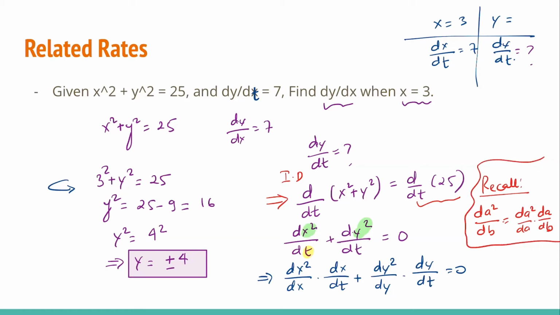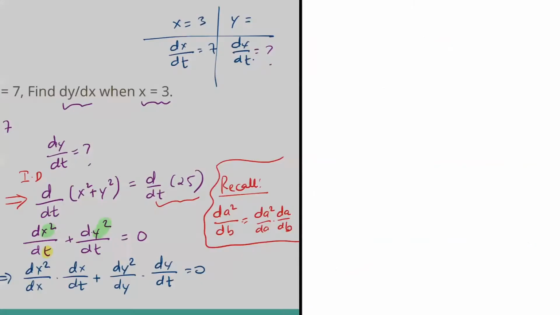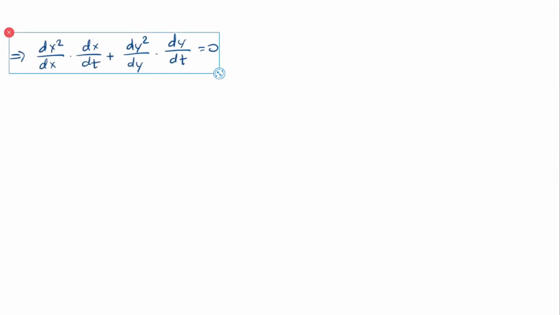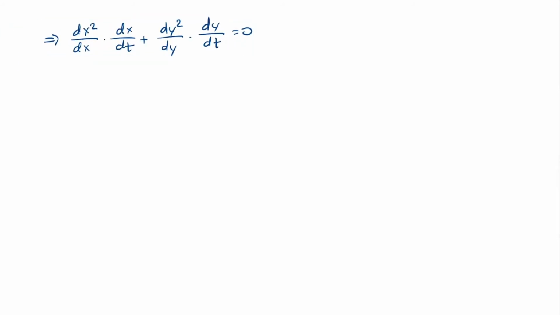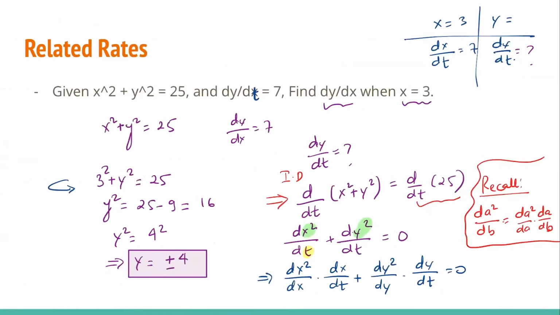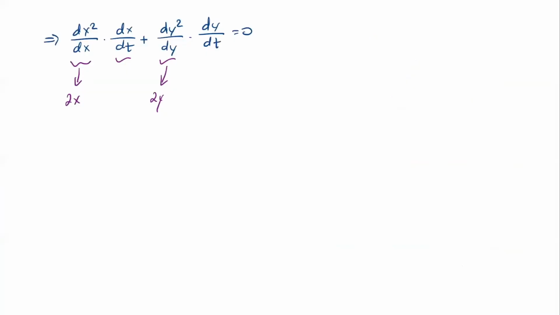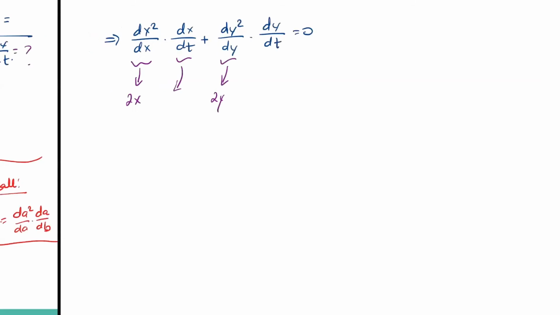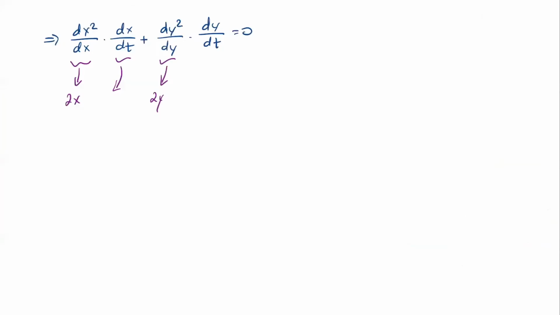And let's copy this, and we can continue from here. We can look at this expression one by one, right? So this will be equal to 2x, and this will be equal to 2y. Also, if you notice, we're given the value of dx over dt, which is the value given in the problem, 7.